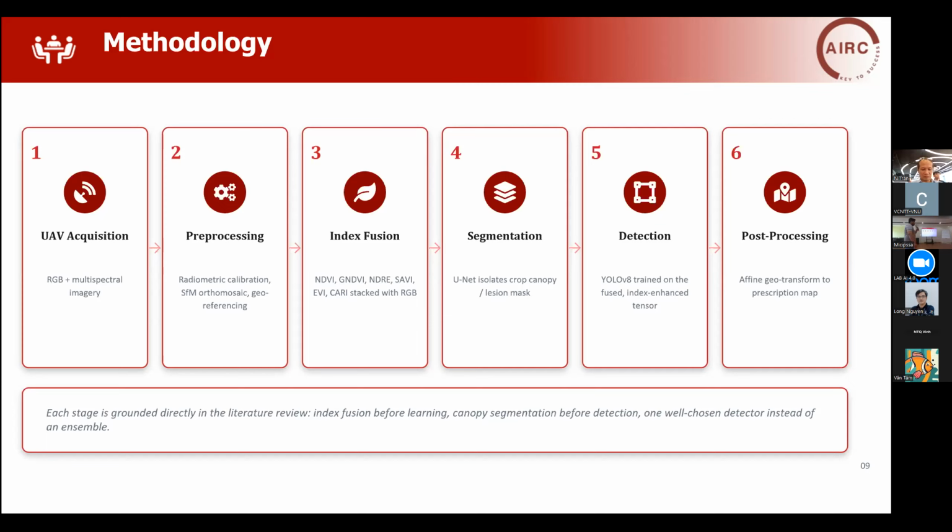So what is green and red? Every vegetation index reflects the chlorophyll quantity in the leaf or plant, so during indexing we have to keep it separate for segmentation and detection.